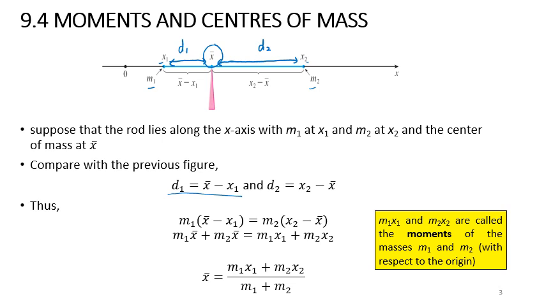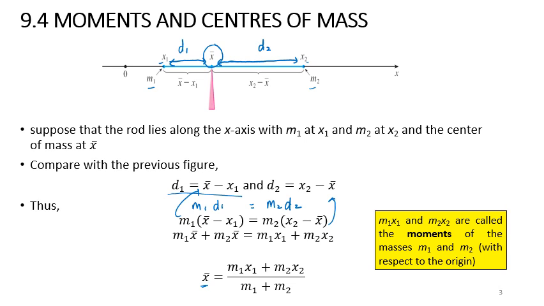Thus, the system will only balance if m1 times d1 equals m2 times d2, where d1 is x bar minus x1 and d2 is x2 minus x bar. You just substitute and rearrange, making x bar the subject of the equation, and you get that the coordinate x bar is equal to m1 times x1 plus m2 times x2 over the total mass m1 plus m2.